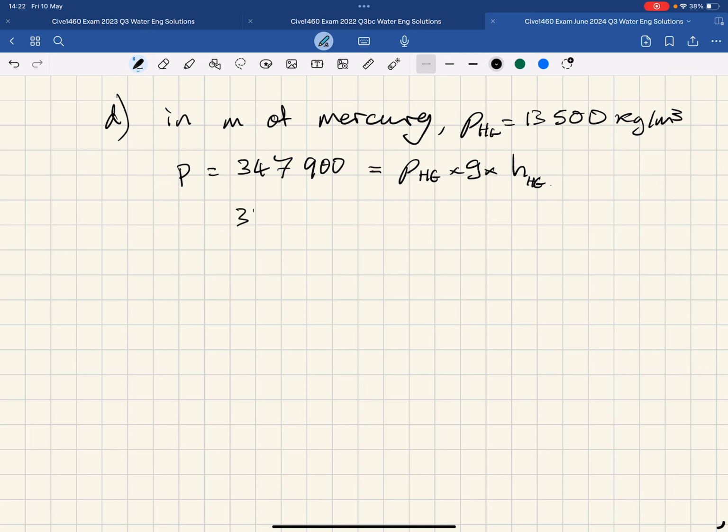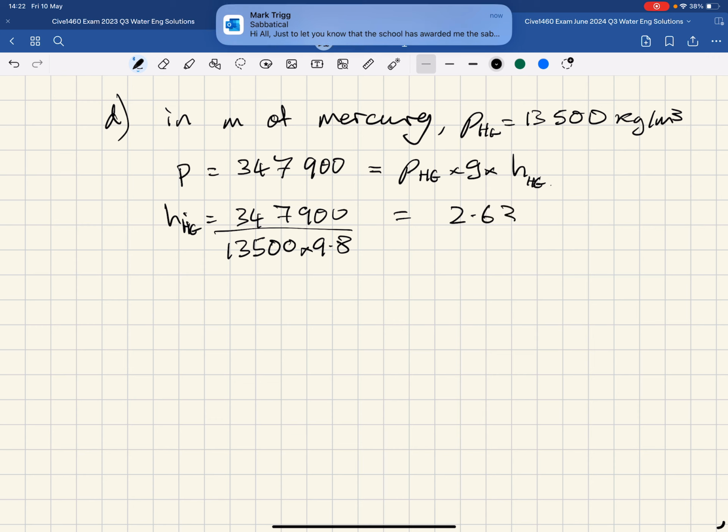So h of Hg equals 347,900 divided by 13,500 times 9.8, which equals 2.63 meters.